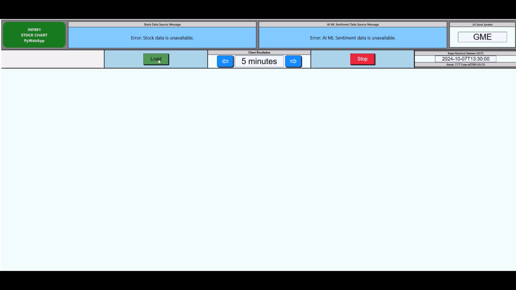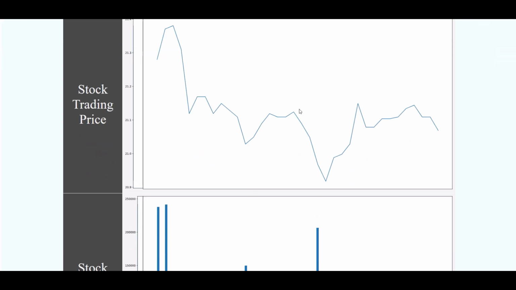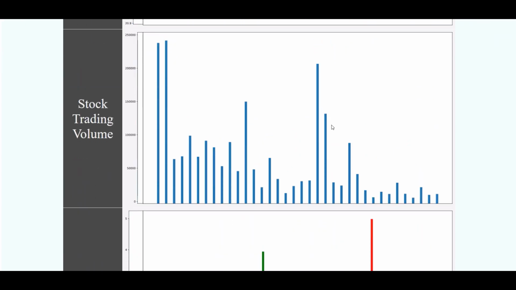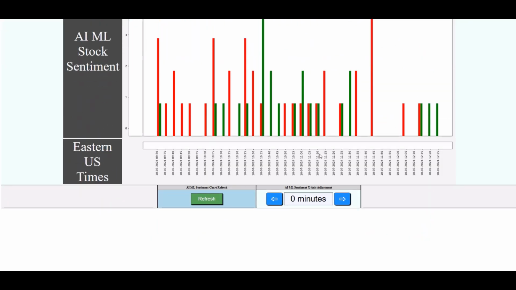GME, we'll load it. It's going to hit two APIs. It will pull candlestick data, and from that the stock trading price graph is created, and also the volume. On a 5-minute resolution, we have from 9:30 New York time until 12:25 New York time.